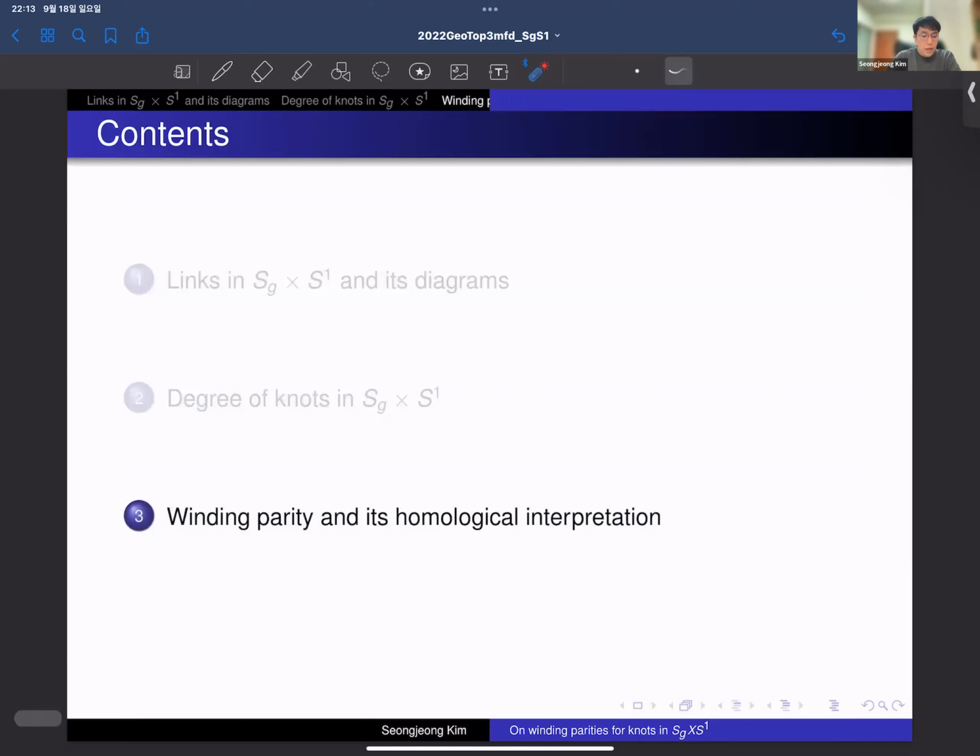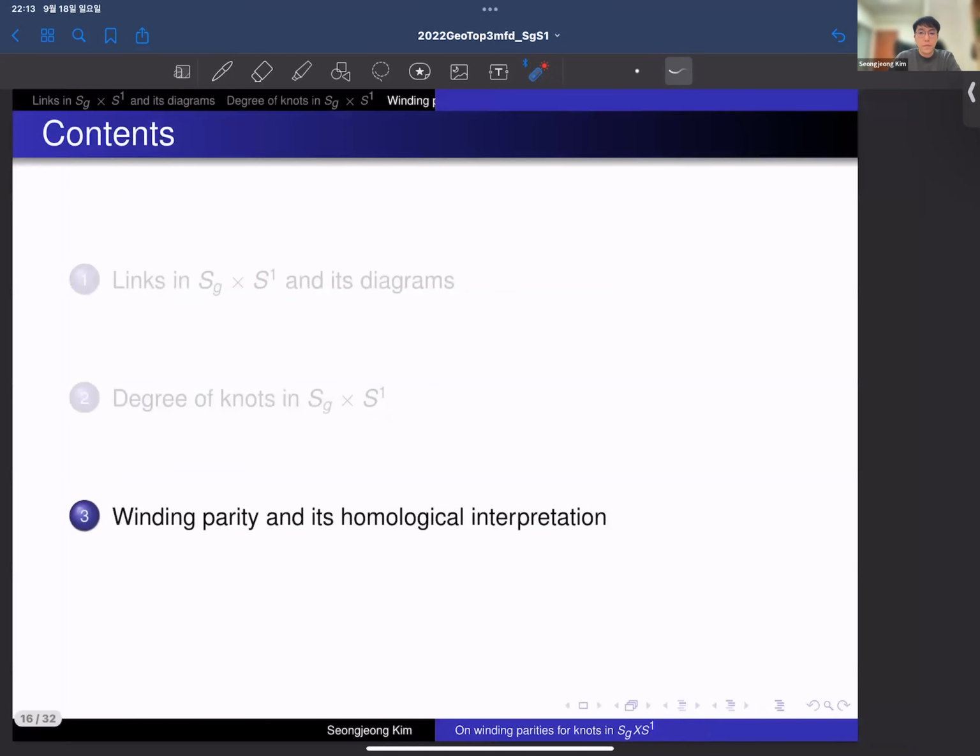And now let's extend this concept to the more general case.